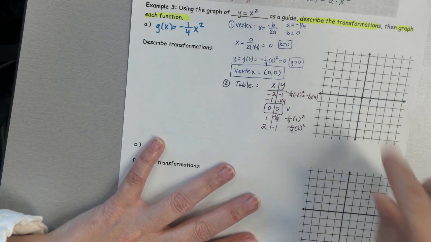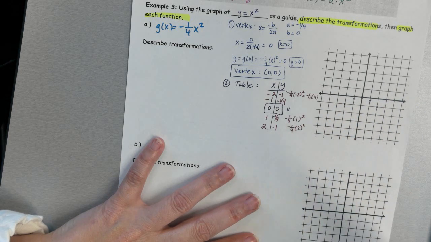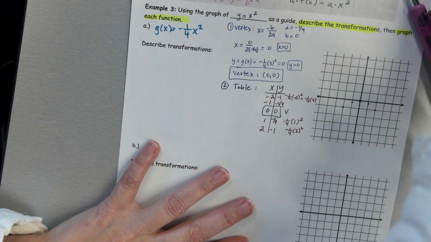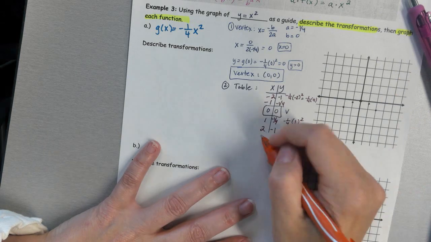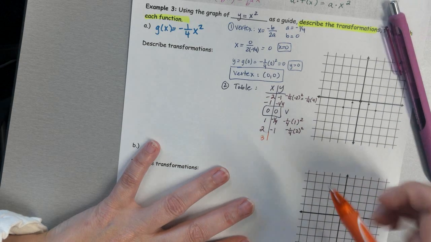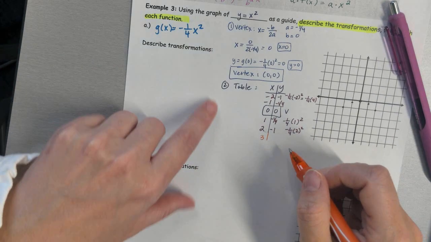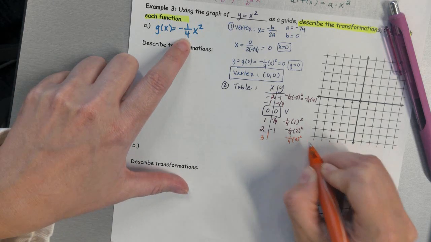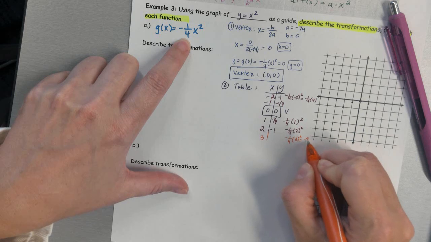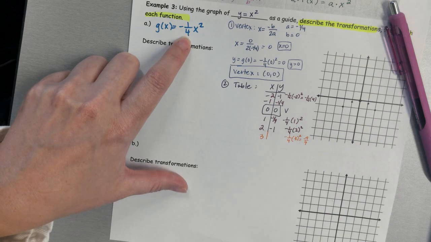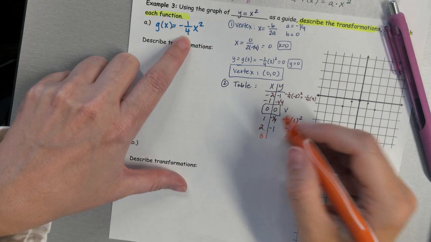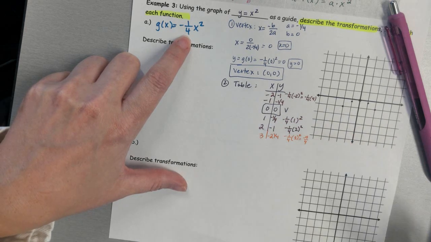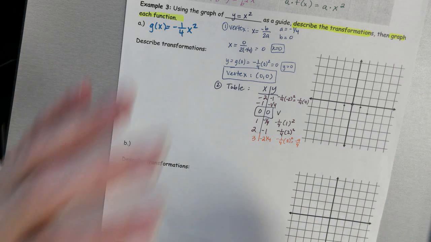But I still have all this graph, so I might plug in an extra value and see what's happening at 3. Negative 1/4 times 3 squared is negative 9/4. How many times does 4 go into 9? Twice, with 1 left over, so it'll be negative 2 1/4. That's going to help me when I graph.